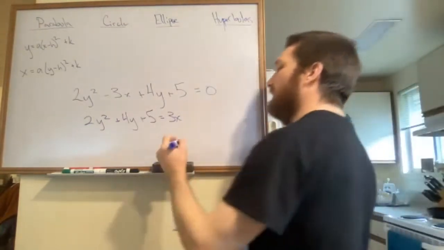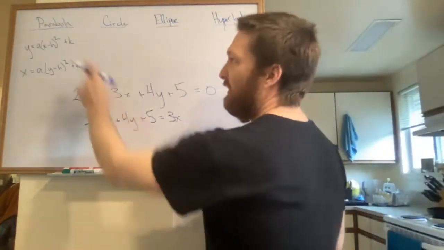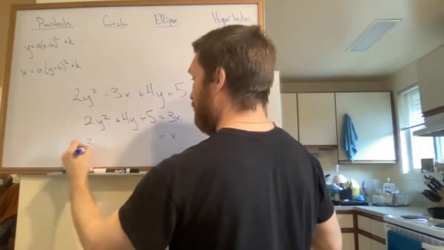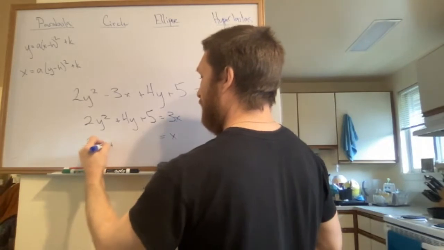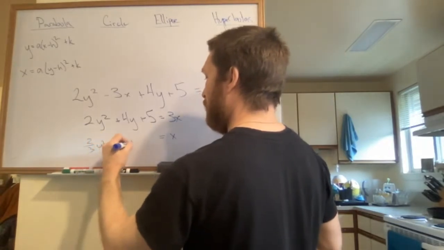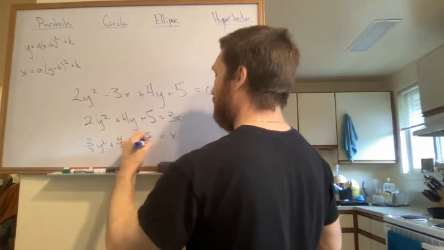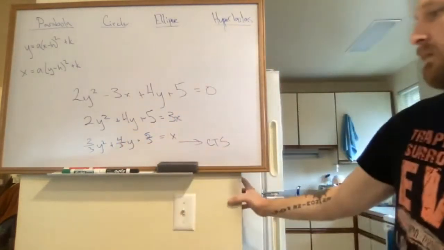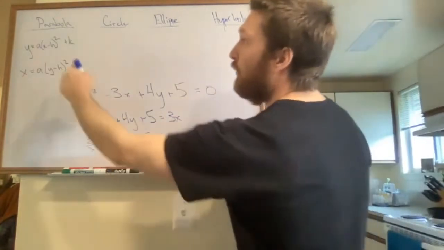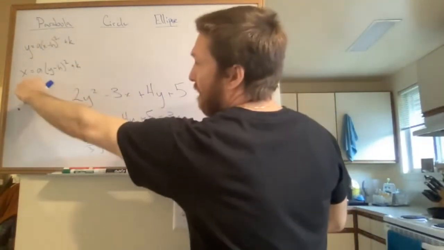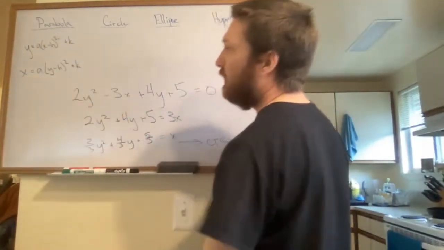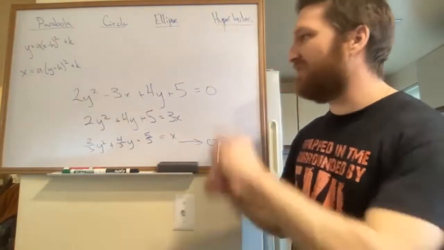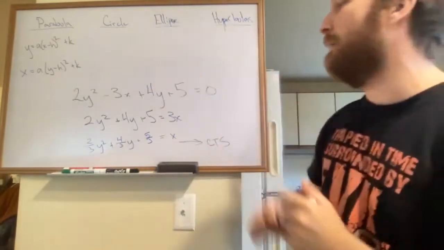That would be 2/3 y squared plus 4/3 y plus 5/3. Then I would complete the square to get it into that form. We're going to call that the standard form of a parabola, at least for this quiz.